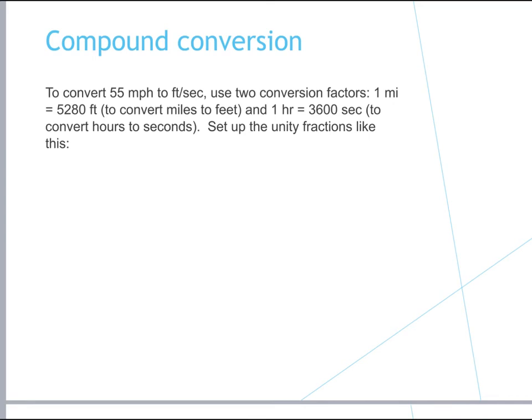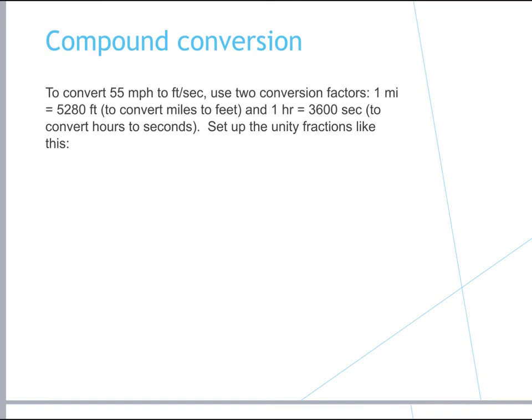Here we have a compound conversion of 55 miles per hour to feet per second. And we're going to use 2 of the main conversion factors to do it. I'm also going to show you another one where if you needed to do 3, you will end up with the same answer.